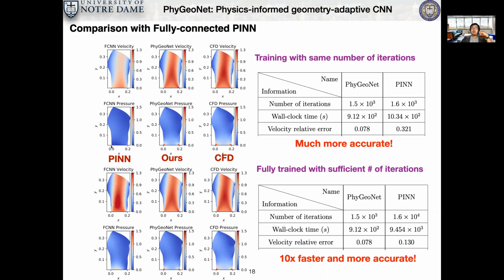Even so, its accuracy is much lower than our CNN's, and it still fails to learn the pressure distribution. It demonstrates that our proposed approach is more than 10 times faster for training and is more accurate.